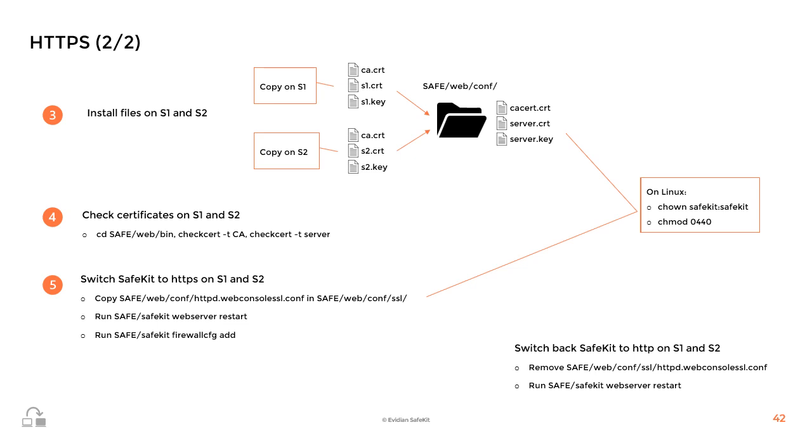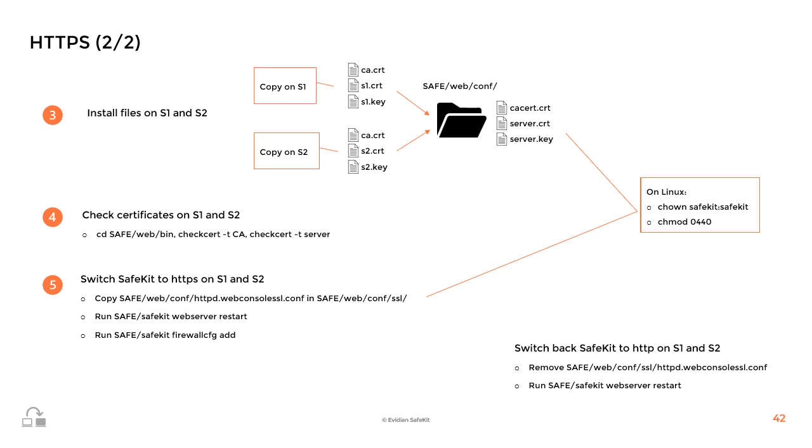Similarly, take the CA certificate, the S2 certificate, and the S2 key, and place them in the web/conf directory on the S2 server. Rename these files to cassert.crt, server.crt, and server.key. Next, verify the certificates on both S1 and S2 using the checkcert command. This step ensures that the certificates are correctly installed and configured.